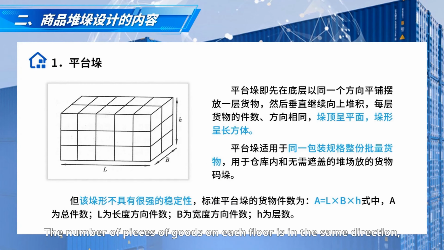The number of pieces of goods on each floor is in the same direction. The pile shape is flat. The shape of the stack is cuboid. The stack does not have a very strong stability.